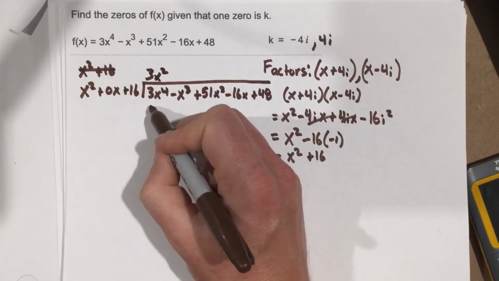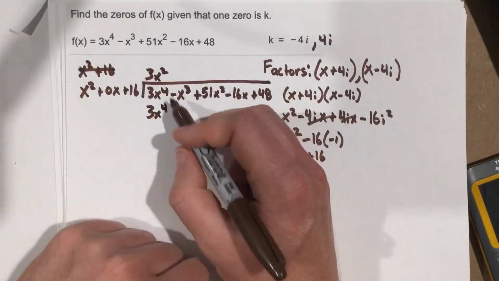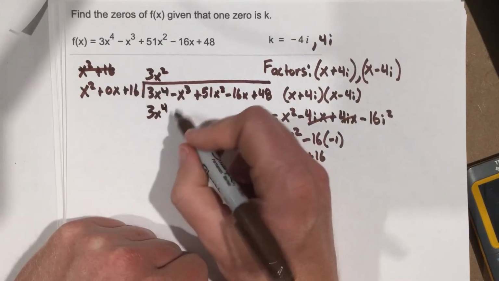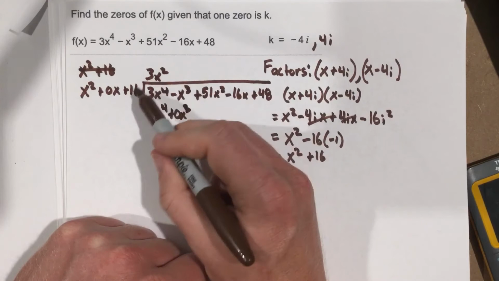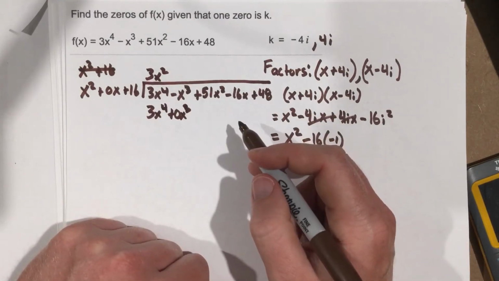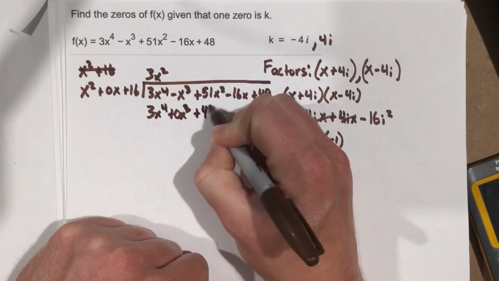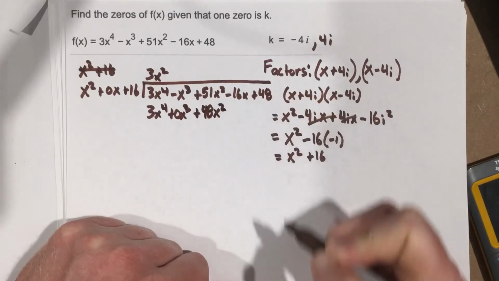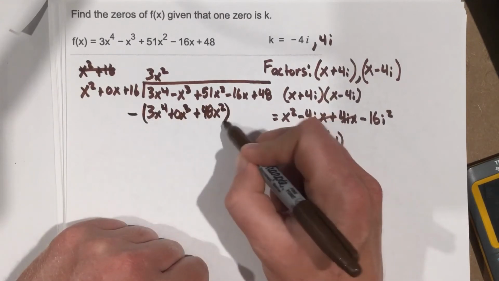We multiply, we get 3x to the 4th. Multiply here, that'd be 0x cubed, so plus 0x cubed. We multiply this times the 16. 3 times 16, 30, 48, so positive 48x squared. We're going to subtract, distribute that negative sign.